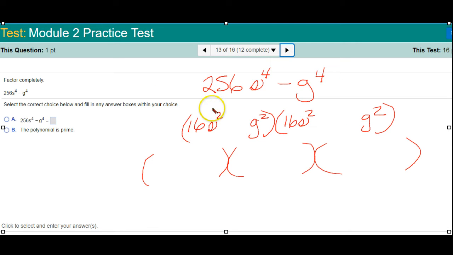Well, I don't want to give away too much, but again, this is the difference of perfect squares, and 256 is a perfect square, 16 times 16. So this will factor into its conjugates, and then one of these, which is a negative one, is still the difference of perfect squares, which will factor into its conjugates. So that will be the answer.